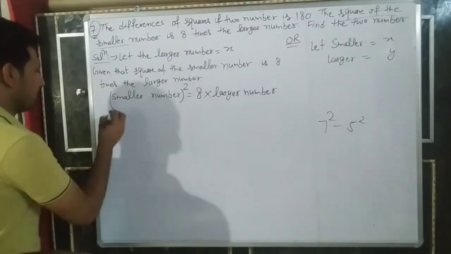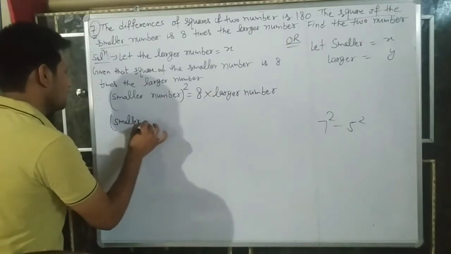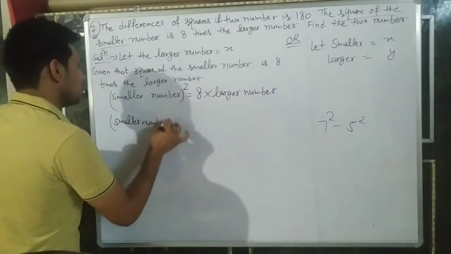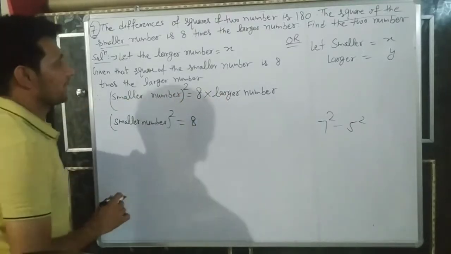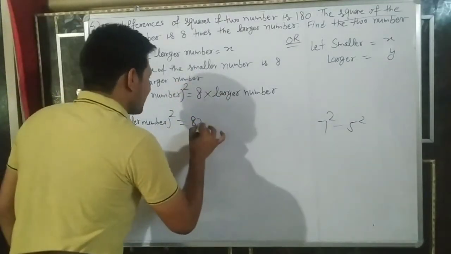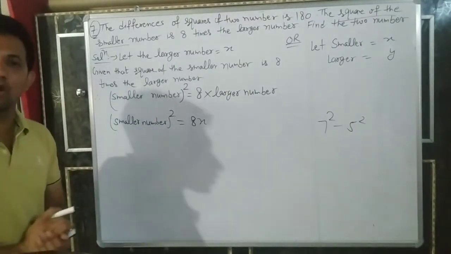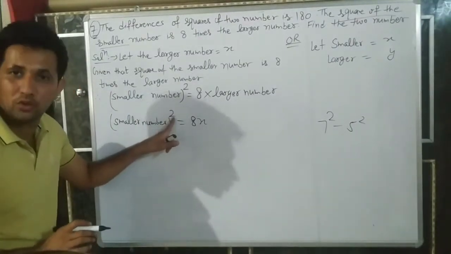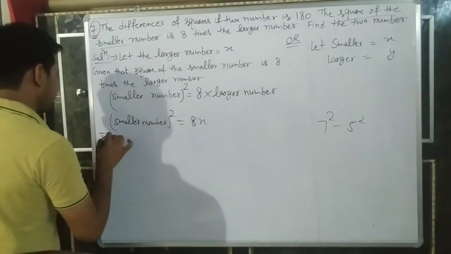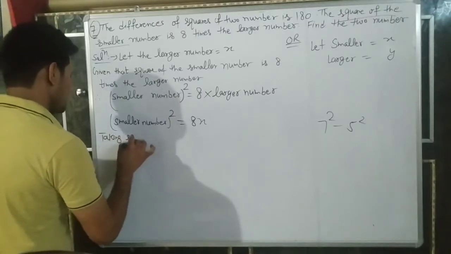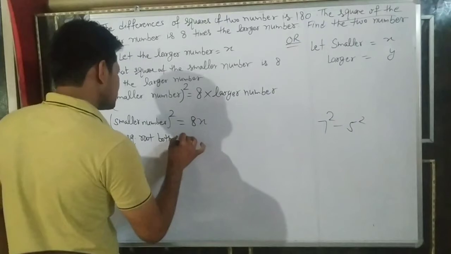So what is the smaller number? We write smaller number square equals 8 into the larger number. The larger number is x, so 8 into x. But we want to find the smaller number, so we have to remove the square. And how can we remove the square? By taking the square root on both sides.